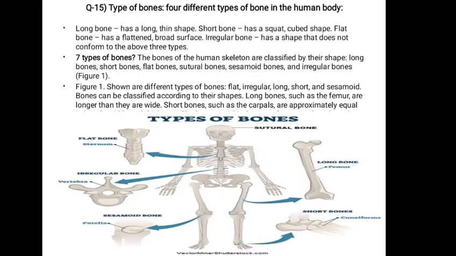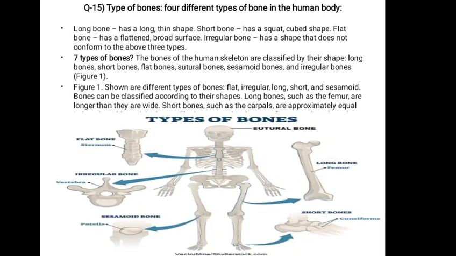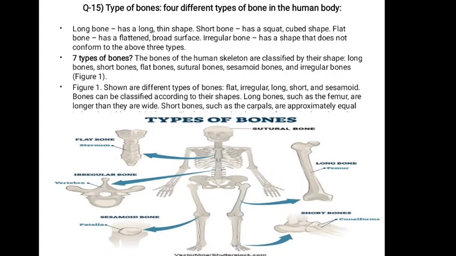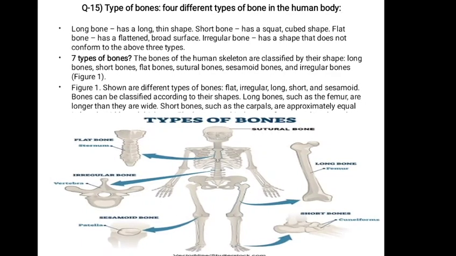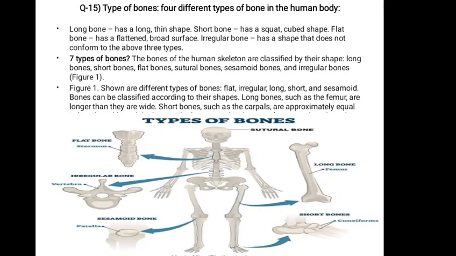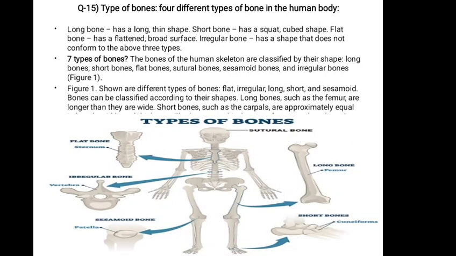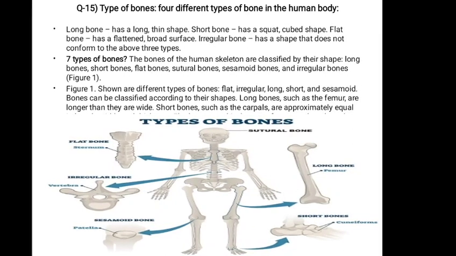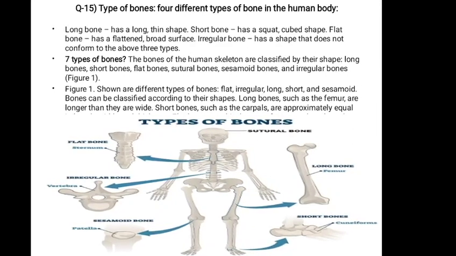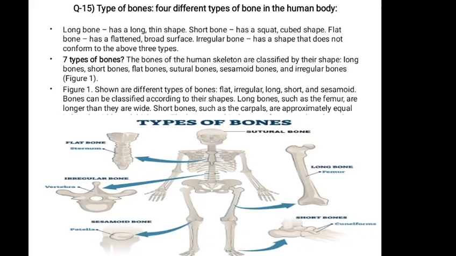Long bones, such as the femur, are longer than they are wide. Short bones, such as the carpals, are approximately equal in length, width, and thickness. Flat bones are thin but are often curved, such as the rib.